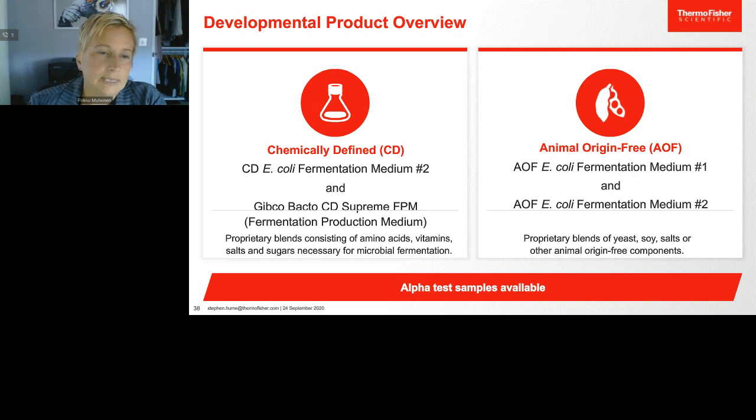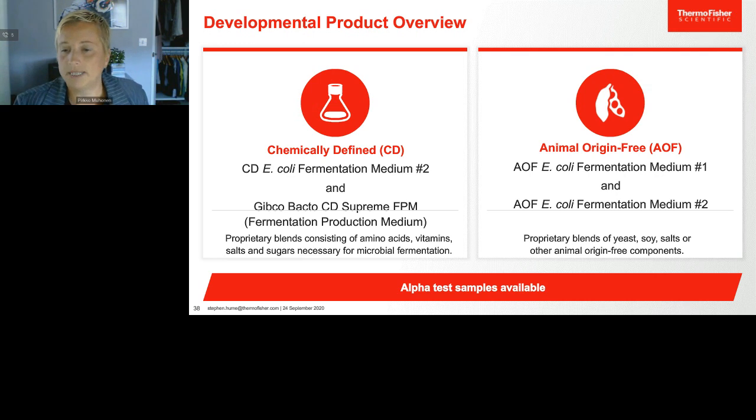So instead of mixing several different powders to prepare your broth, you can mix only one pack of powder. These prototypes have no animal components, and therefore the BSE and TSE risk is reduced. And these are designed specifically to support E. coli nutrient requirements. So if you aim for a chemically defined process, the CD E. coli fermentation media is a good fit.